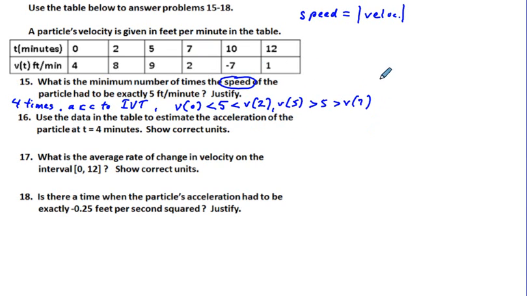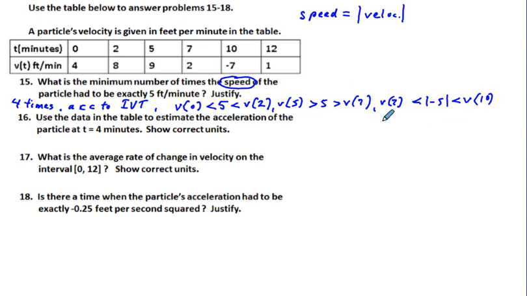And then we could also say for this, the absolute value of -5 is going to be greater than v of 7, but less than v of 10.